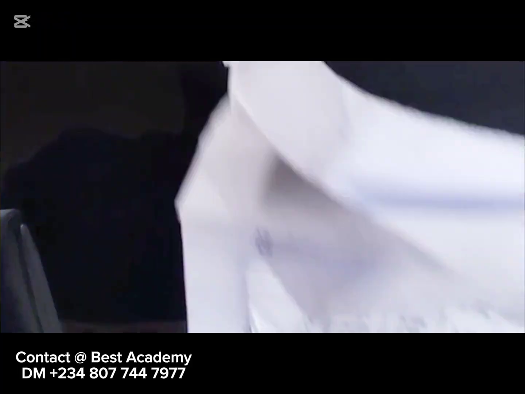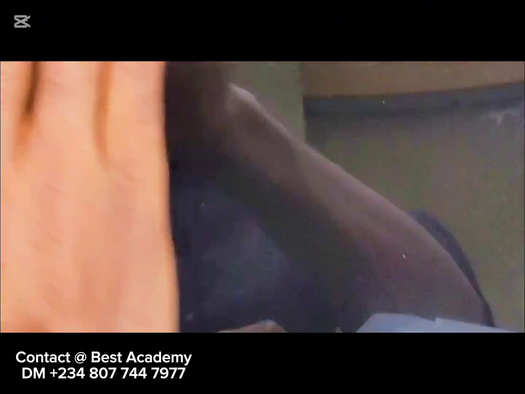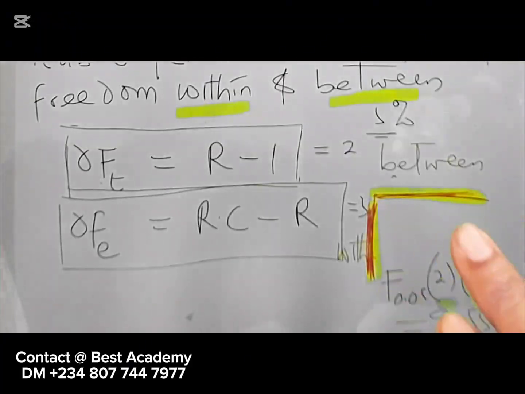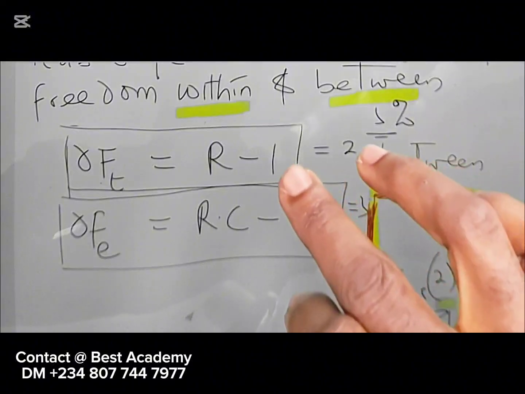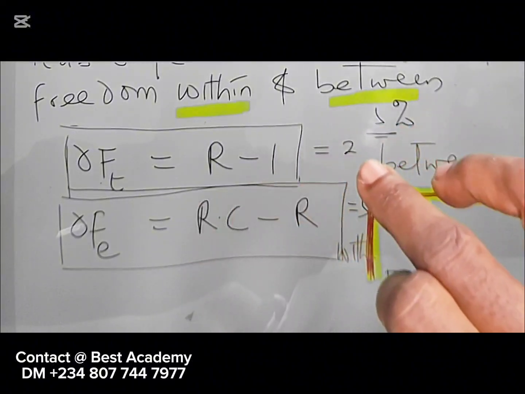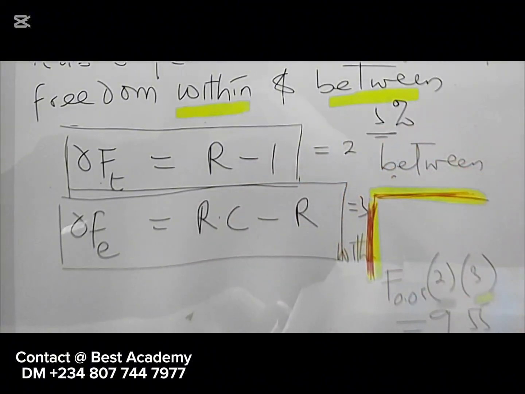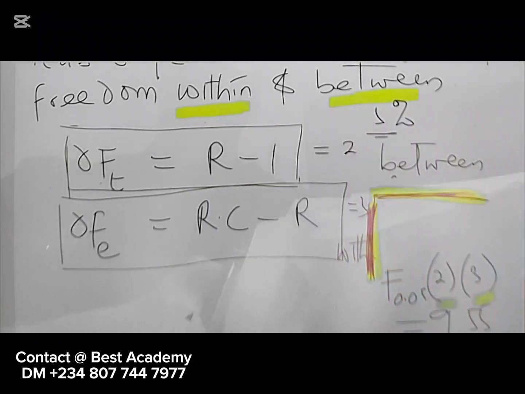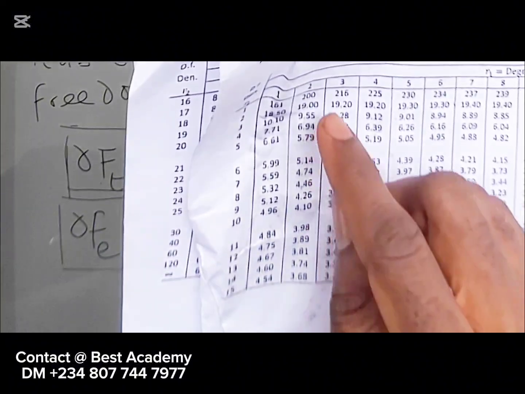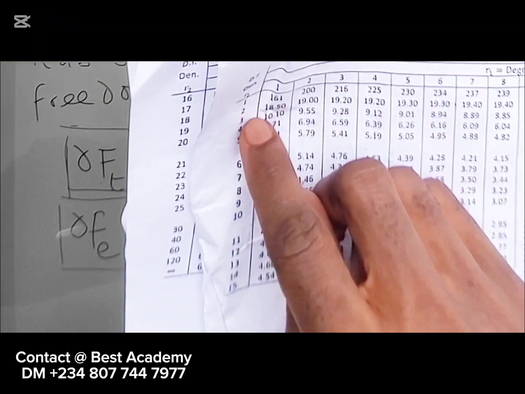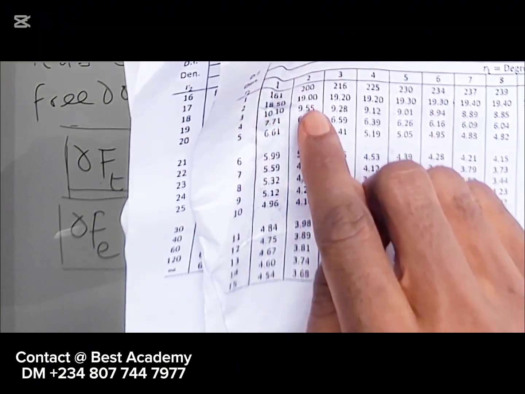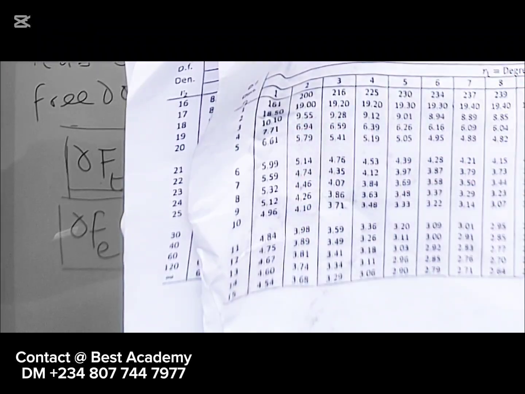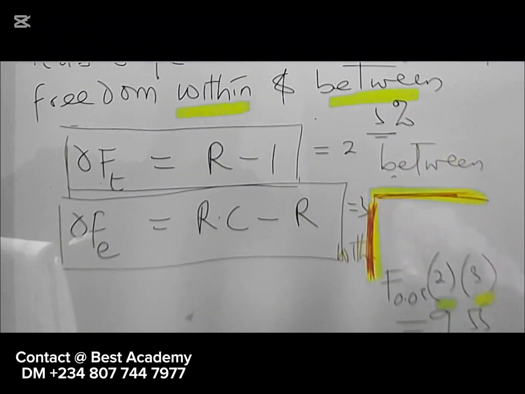So the treatment or between is 2, while the error or within is 3. We locate where they intersect. That is 9.55, so that is how we got our 9.55 here.